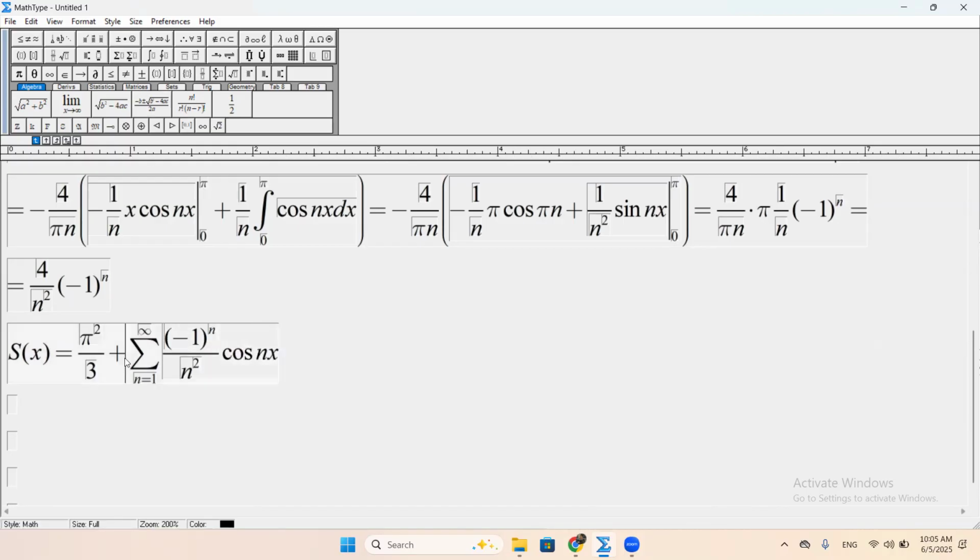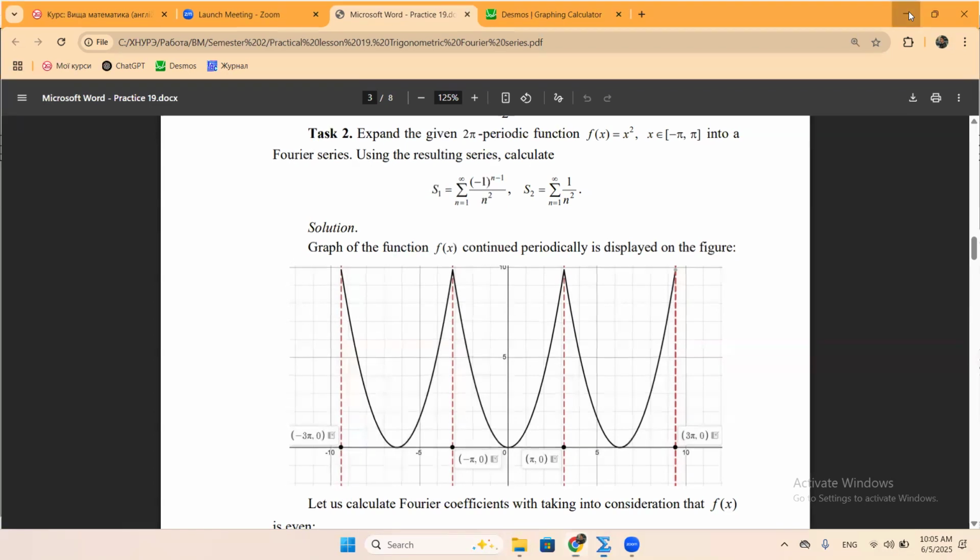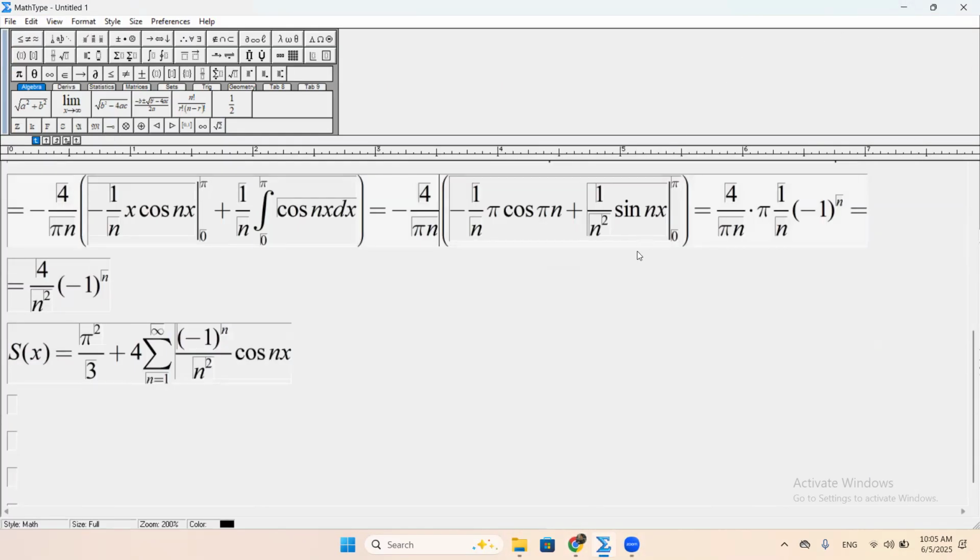And what about 4? I will move it out of the sum. So this is the series that we received. It is always continuous because the function is even, it is continued in the even way.